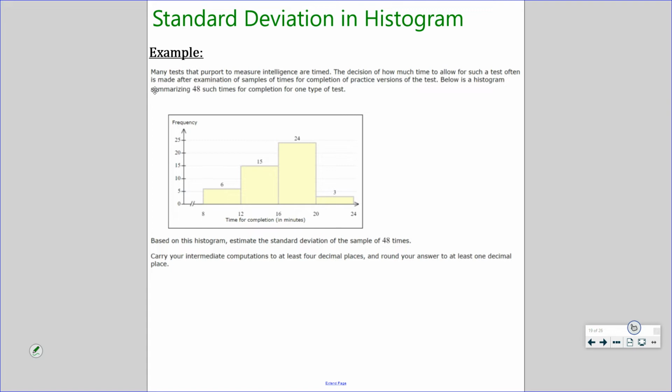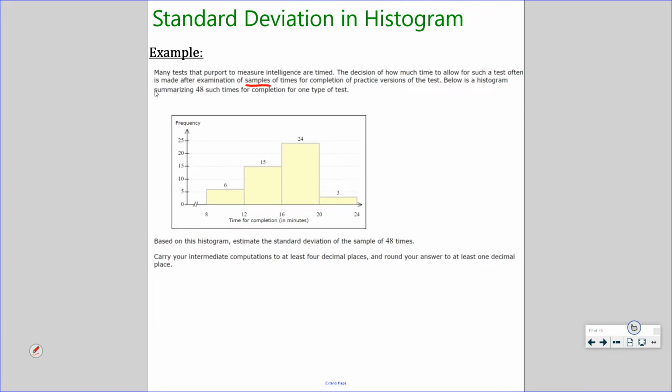So here's the quicker way to calculate the standard deviation of a histogram. You guys know how to find the mean of a histogram, right? We've done that. I think that was on the last lesson. So we are talking about a sample, right? Yep, sample of times. So for the mean, I'm going to use this notation. We have to use our midpoints.